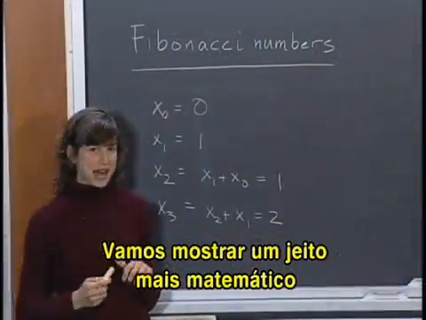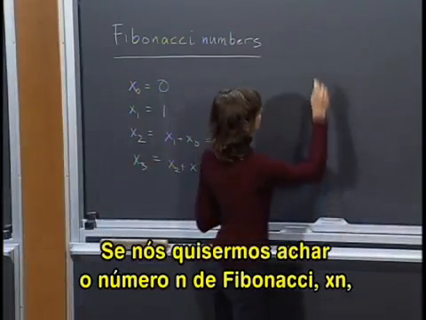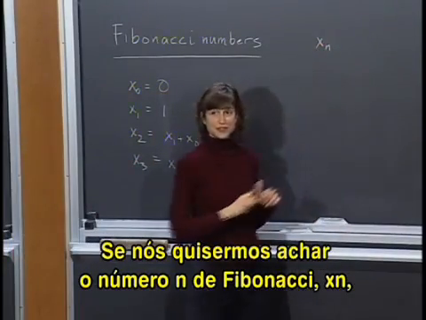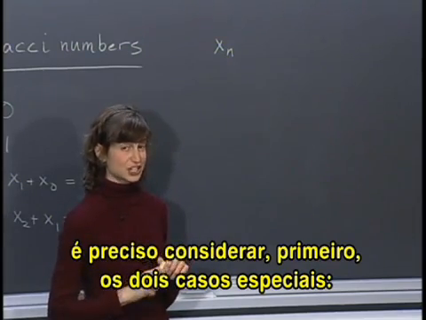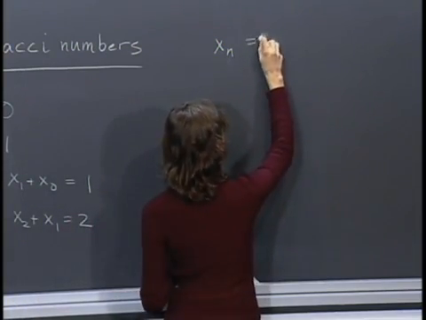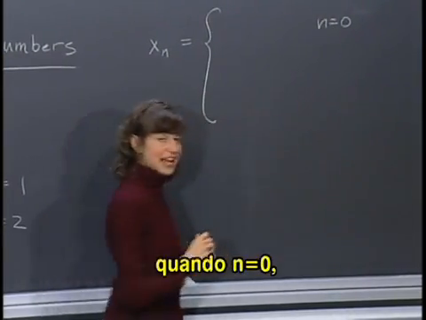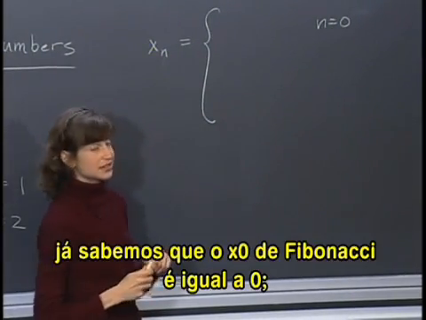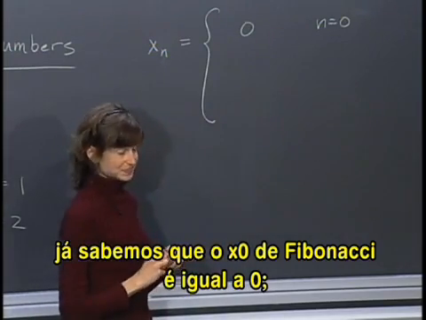Let's come up with a more mathematical way of writing down the Fibonacci number rule. If we want to find the nth Fibonacci number, xn, well, first we have to take into consideration our two special cases. When n equals 0, we know that the x0 Fibonacci number is just 0.